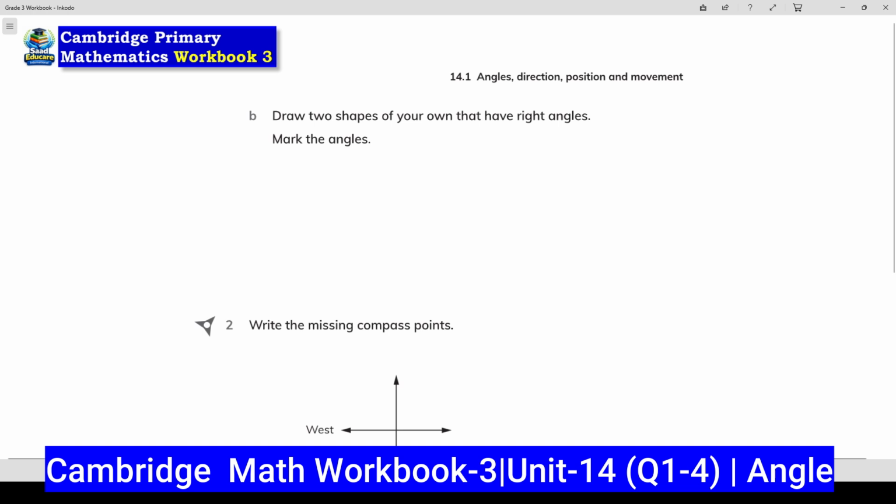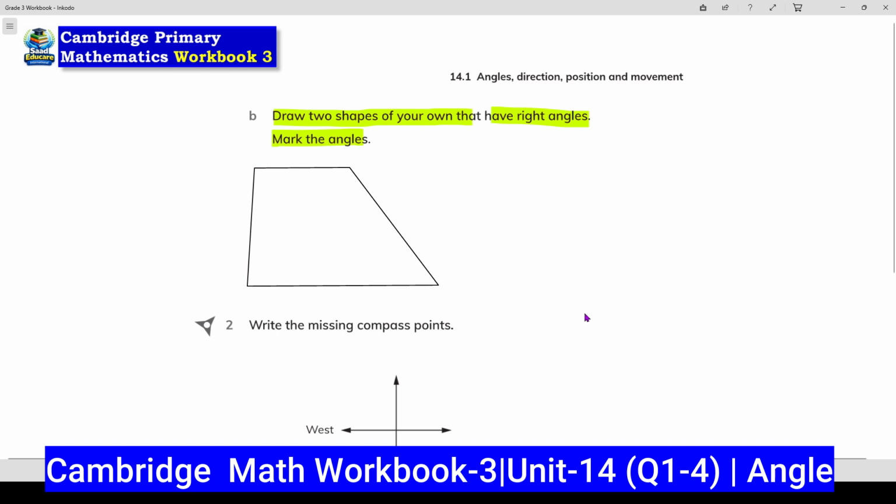1b, here it is mentioned, draw 2 shapes of your own that have right angles. Mark the angles. So it's our own choice. We can make, suppose, a trapezium.